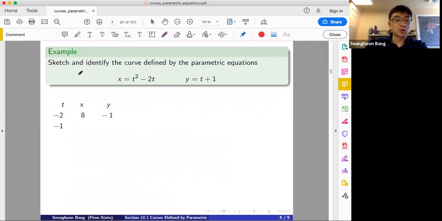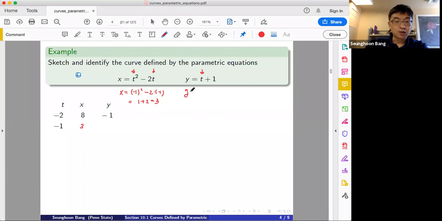For t equals -1, same. You plug -1 into t. Here, x equals -1 squared minus 2 times -1. The answer is 1 plus 2, which is 3. Here, you plug -1 into t.